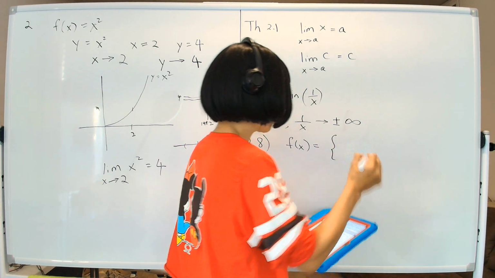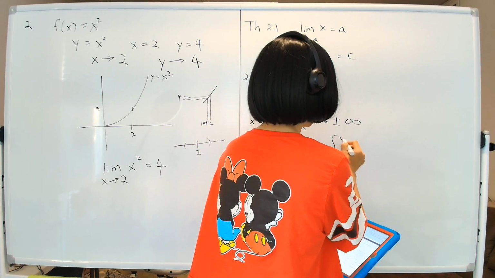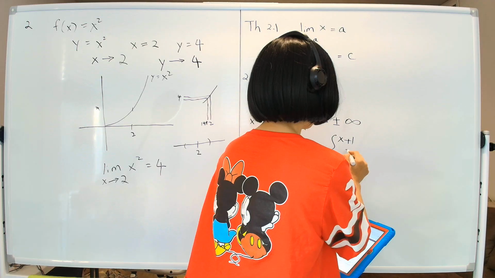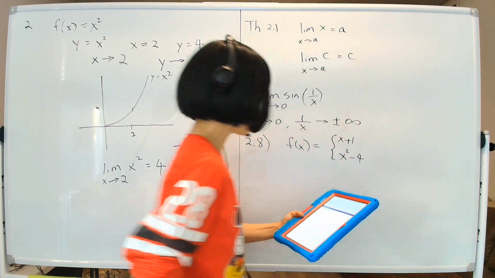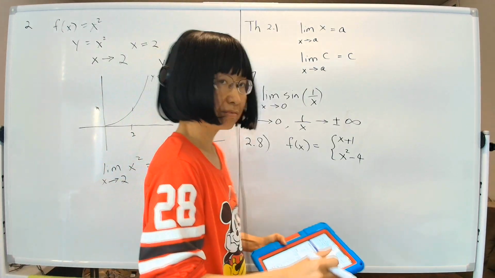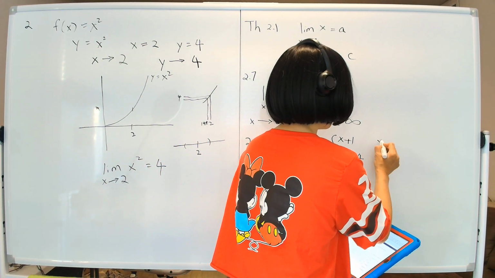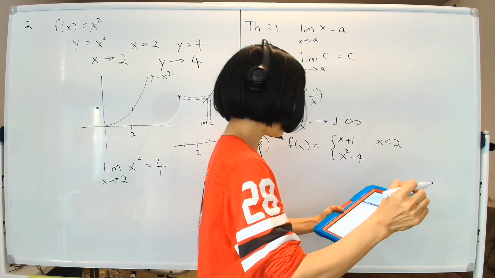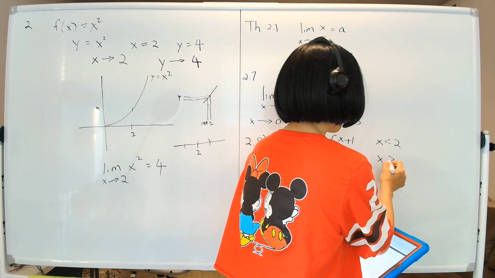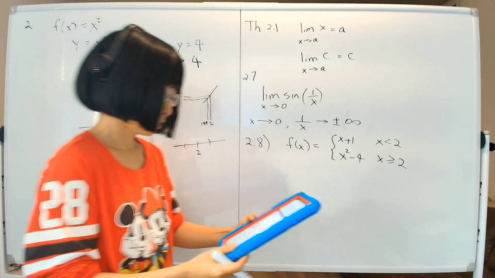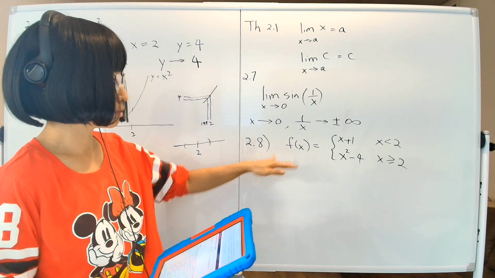This is the split definition. You have x plus 1 and then x squared minus 4, with some kind of condition. The first is only if x is less than 2, and the second is only if x is bigger than or equal to 2. It is a two-part approach.